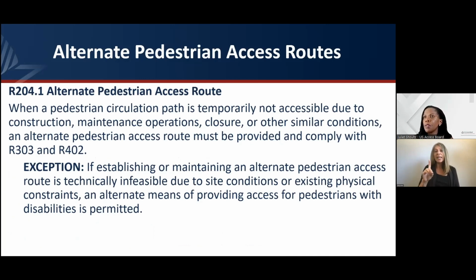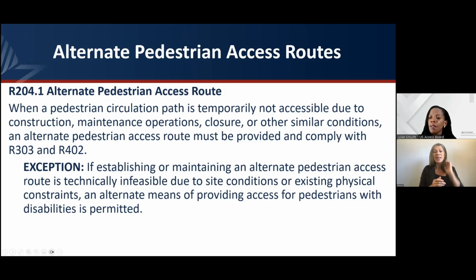So provision R204.1, alternate pedestrian access routes, requires that when a pedestrian circulation path is temporarily not accessible due to construction, maintenance operations, closure, or other similar conditions, an alternate pedestrian access route must be provided and comply with both R303 and R402. There is an exception if establishing or maintaining an alternate pedestrian access route is technically infeasible due to site conditions or existing physical constraints. An alternate means of providing access for pedestrians with disabilities is permitted.